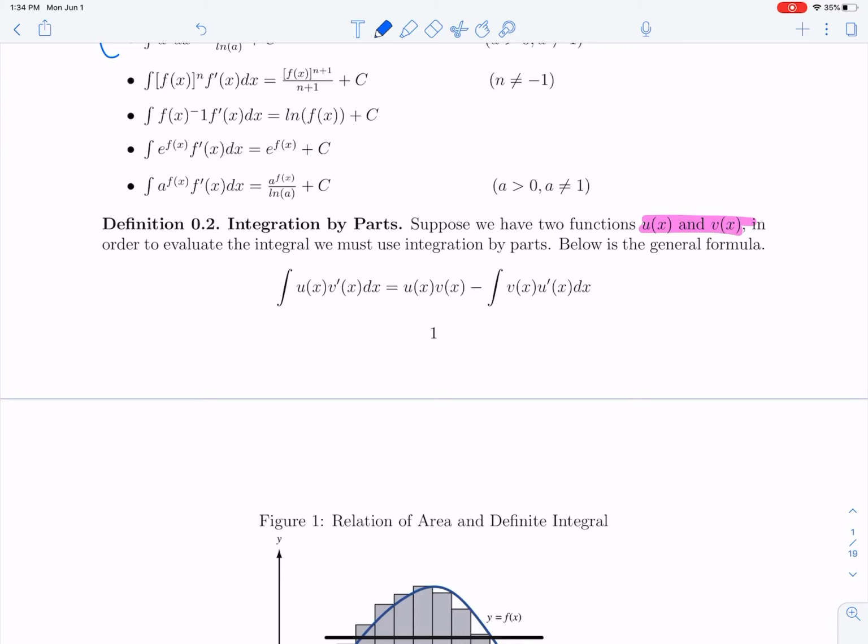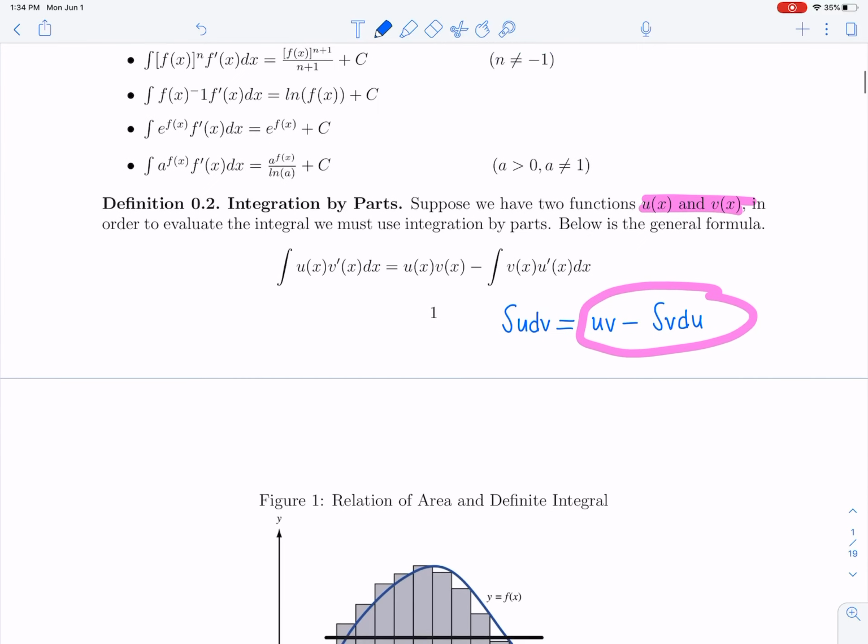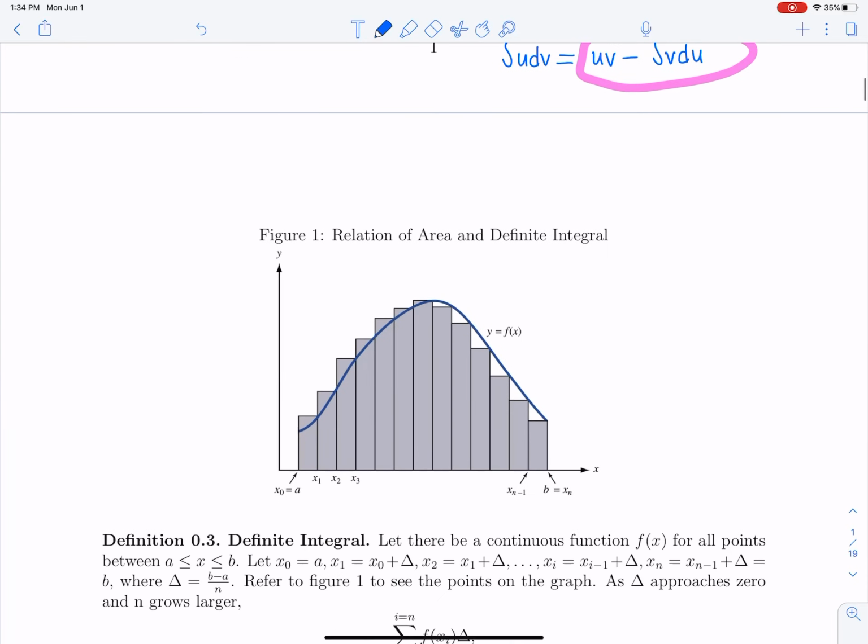This is the general formula, but I basically just tell people you can remember it as integral of u dv equals uv minus integral of v du. And you don't even need to worry about that first part, like just this. If you memorize that, you're good to go. u and v are the functions, du and dv are going to be their derivatives.